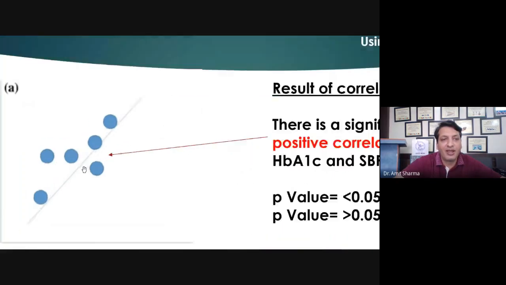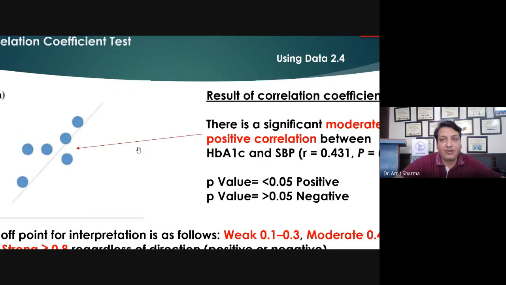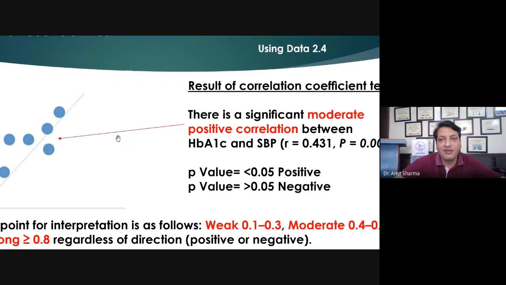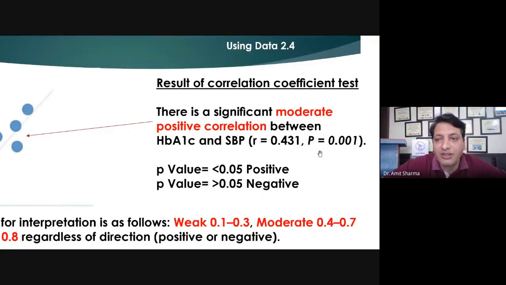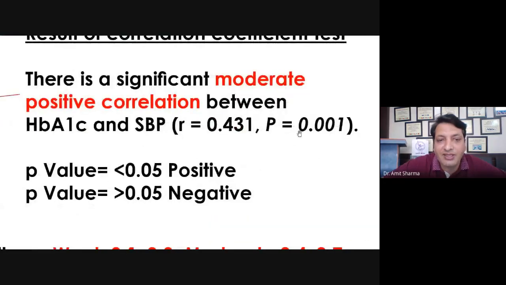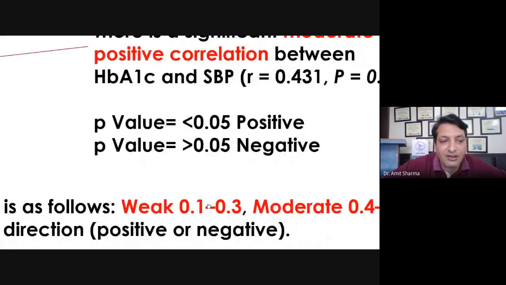We are going to get a graph also, and the graph is showing that data is going from the lower side to the higher side, and we are getting a positive curve. So directly you can write that there is a significant moderate positive correlation between HbA1c and systolic blood pressure, and you can quote the value of R as well as the p-value by using this rule, the p-value rule, and the rule which I have written at the bottom: weak, moderate, and strong.